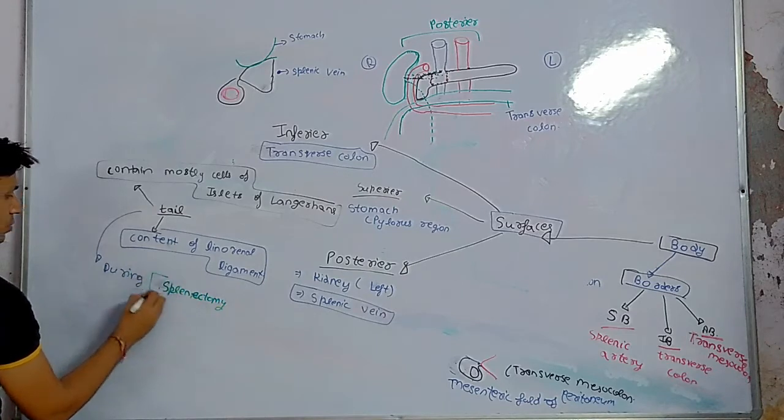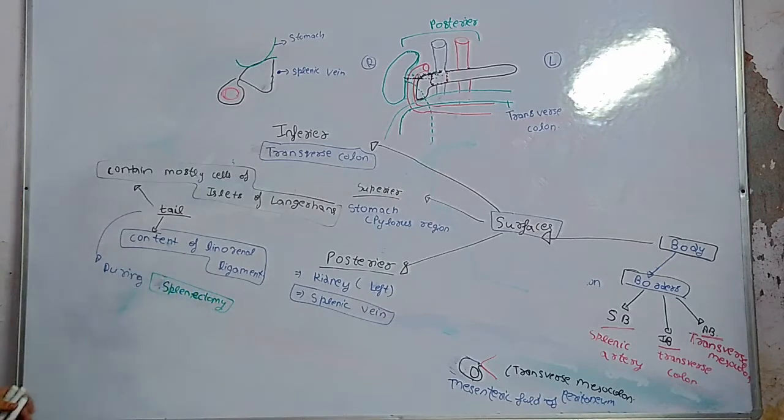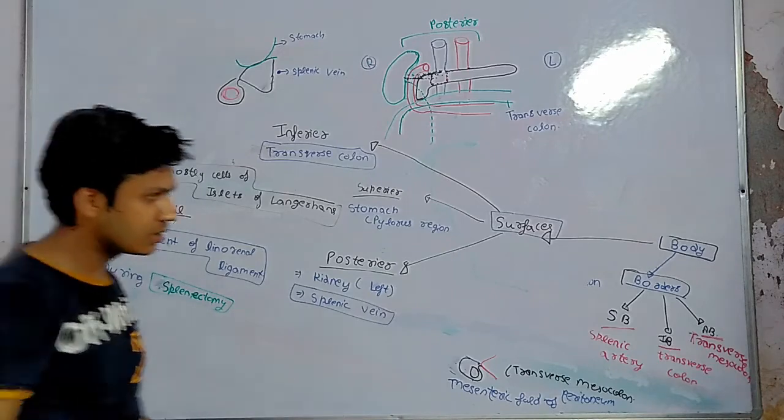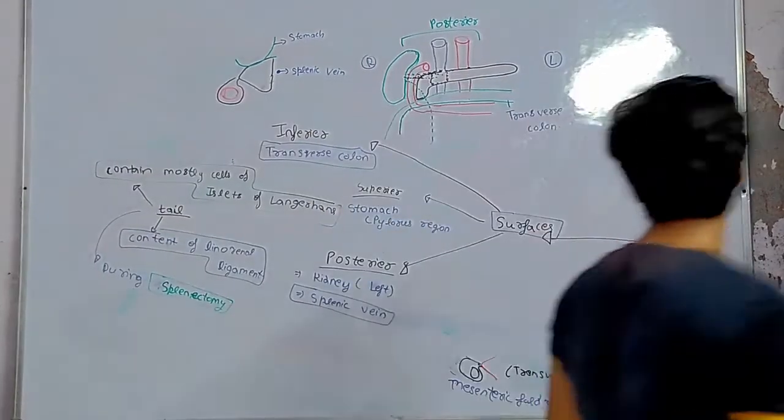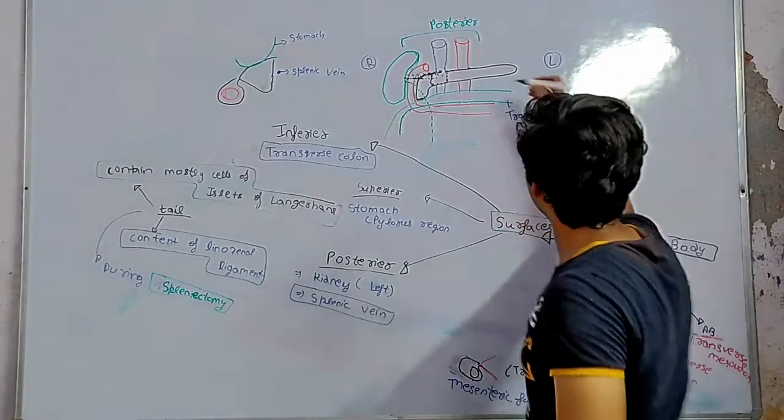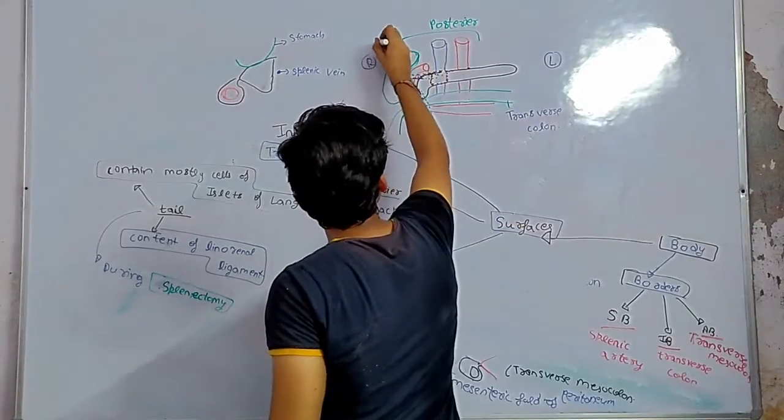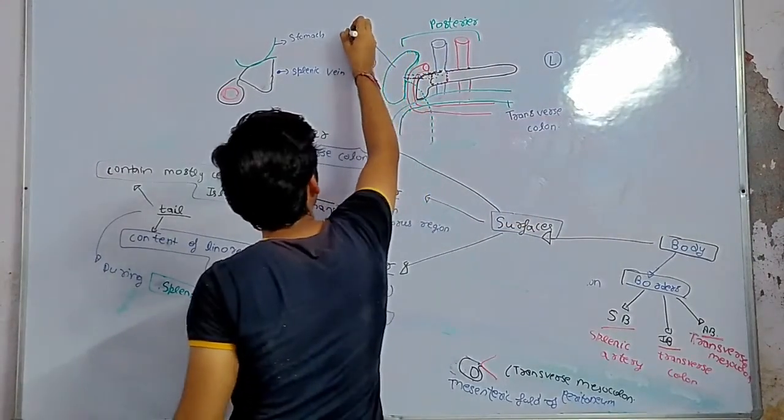Then this is important again. So these are the relations of the pancreas and all about them. We can write the names here. This is the kidney, right kidney.